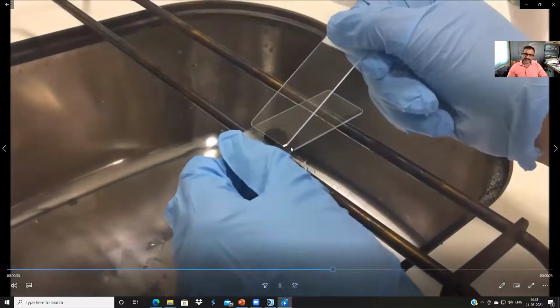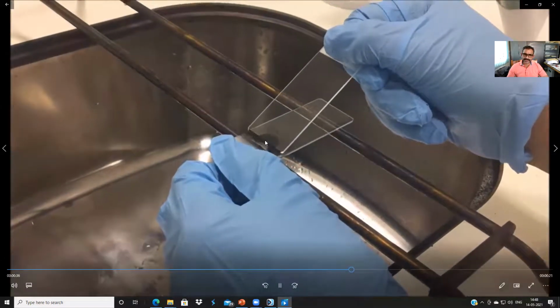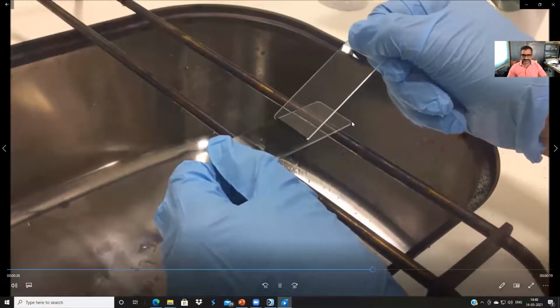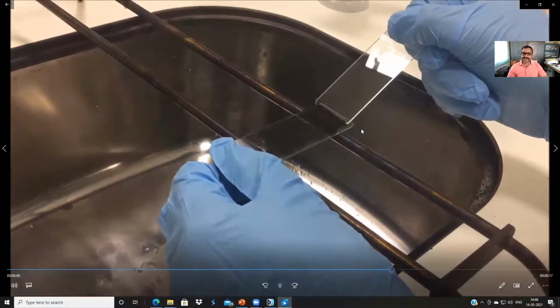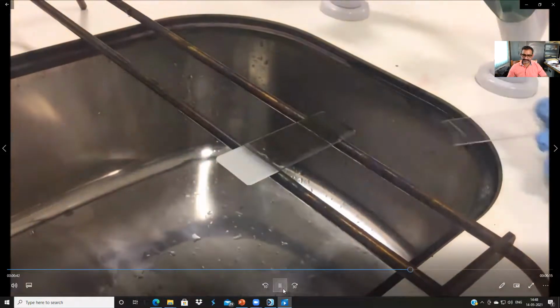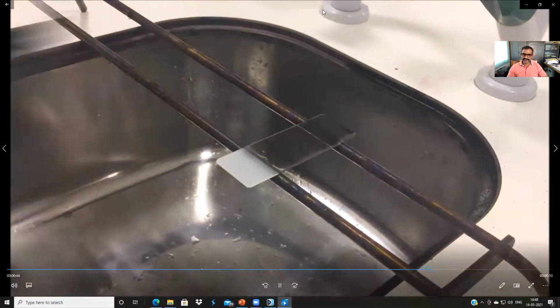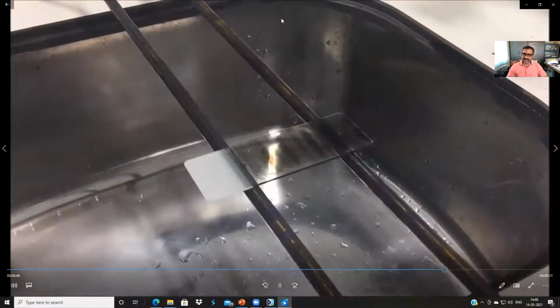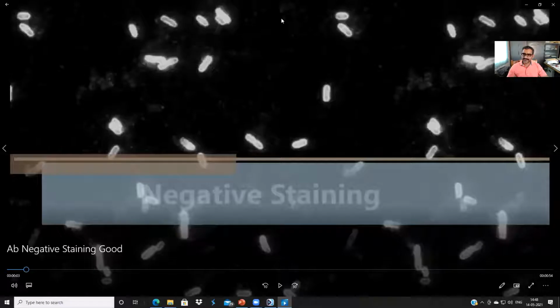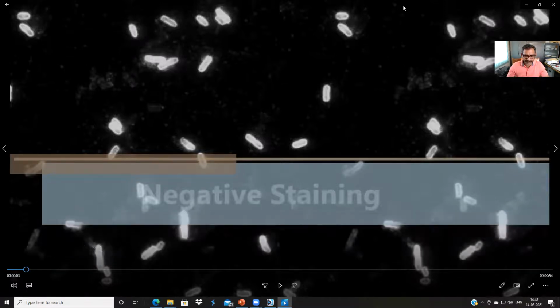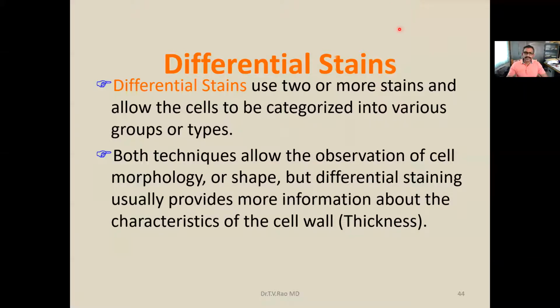Take another slide, allow it to spread, and just move it and spread it. Allow it to dry. When you observe under the microscope, you will see bright colored bacterial cells against a dark background. So this is the negative staining or indirect staining.